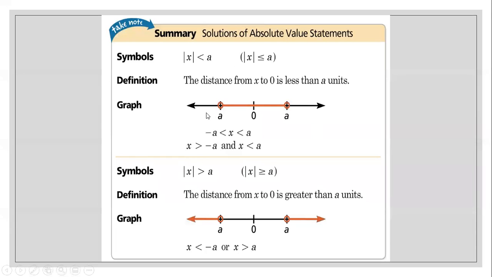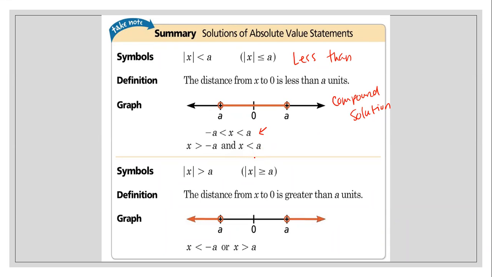One, when you're looking at a less than situation, so I have an inequality here, this is a less than. When it's less than, you're going to end up with a compound solution, and it could be written as one whole statement right here, or it could be written in two parts.